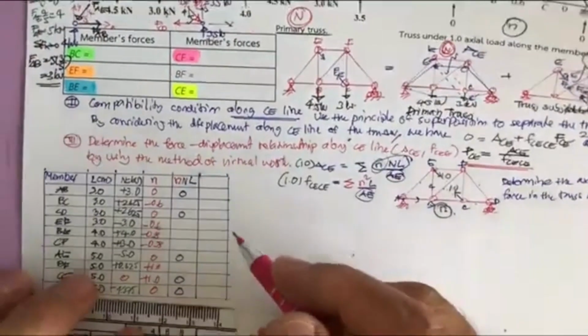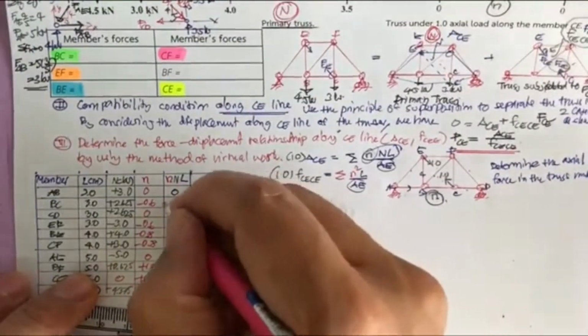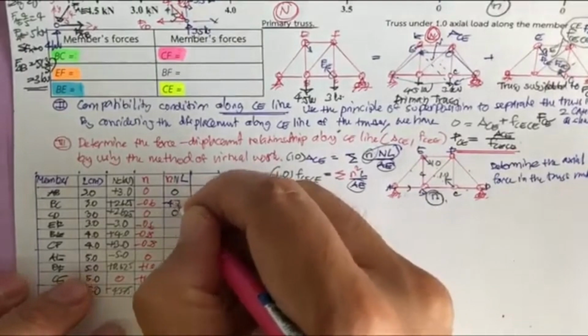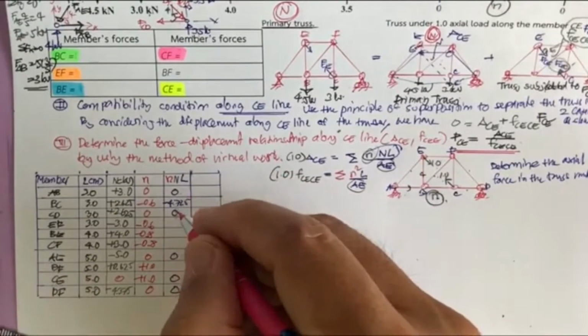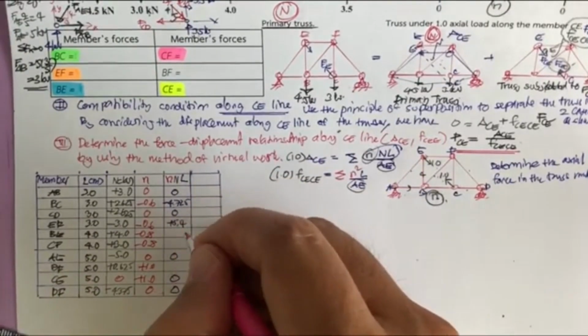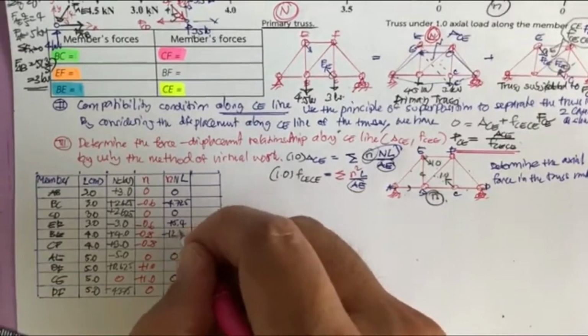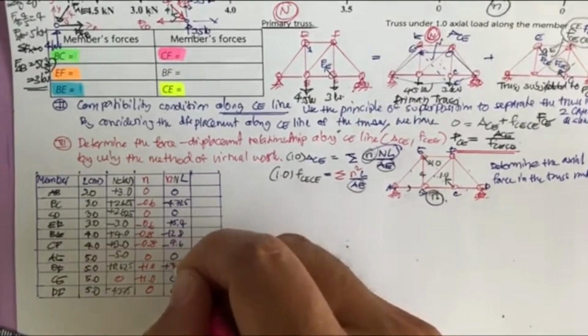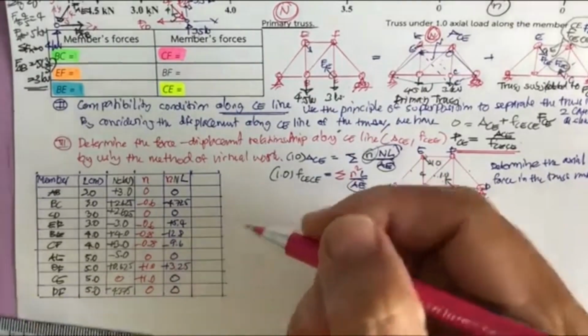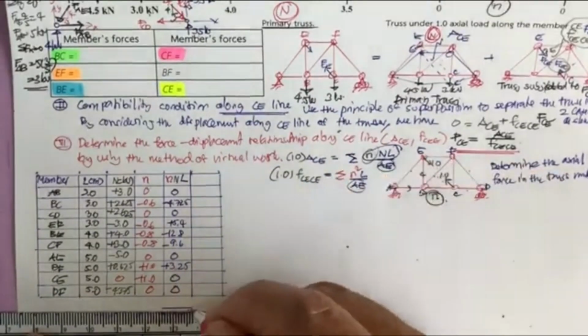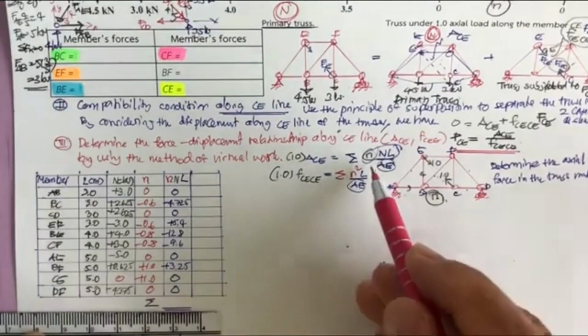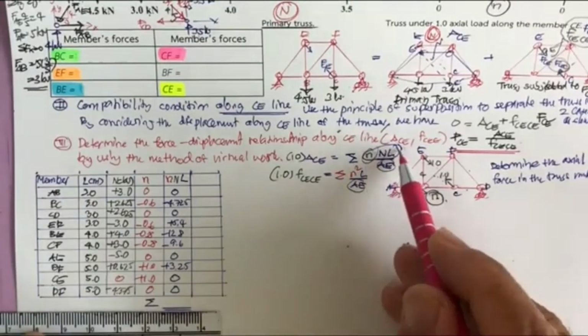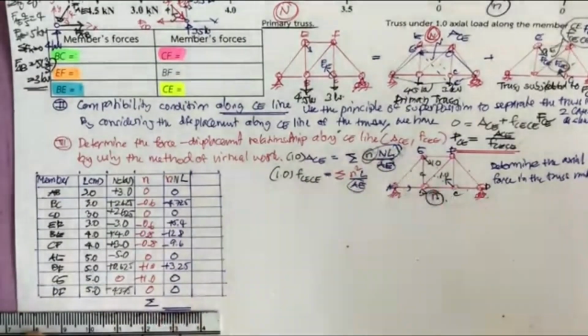Then you do the calculation: minus 4.725, plus 5.4, minus 12.8, minus 9.6, and plus 3.25. And you get the summation of this portion, which is minus 18.6.